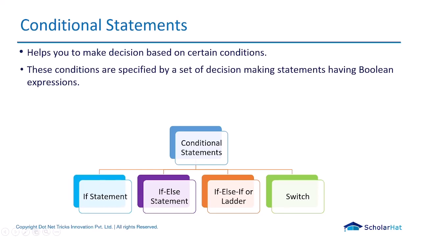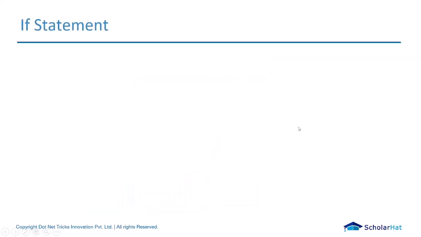Similarly, in iterative statements we're going to learn about while loop, for loop, and do while loop. And the third kind of control statement is jumping statements, where we're going to use break, continue, and return.